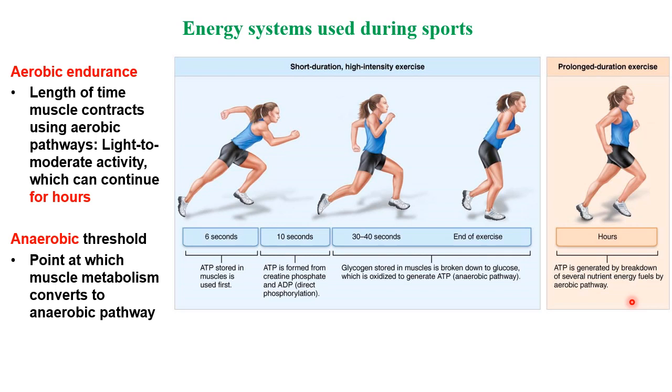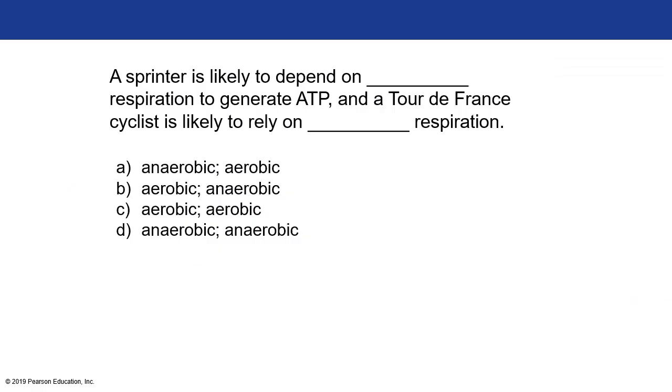In comparison to the muscles that are using aerobic respiration for energy, they can go on for hours and hours, depending on how much endurance training that person has, right? Now, here you have ATP, your creatine phosphate, your glycogen, and then here you have prolonged duration when you are using your mitochondrial function for aerobic respiration.